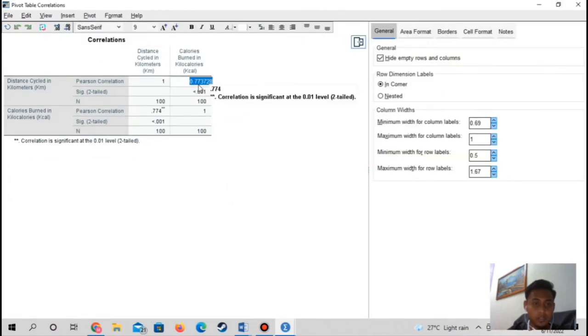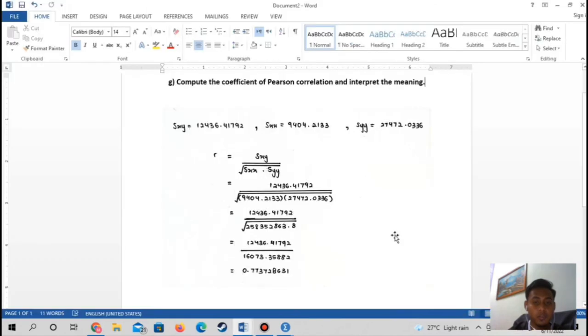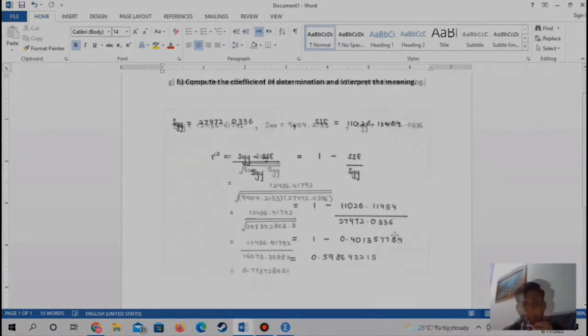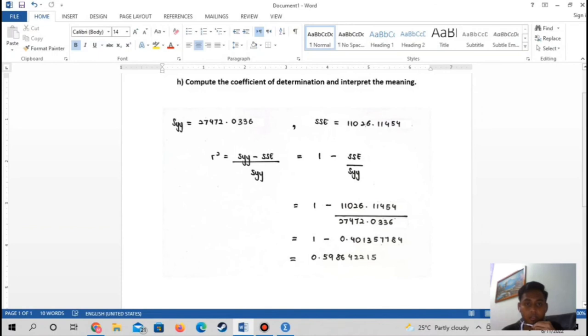So this is our SPSS calculation answer, which is 0.773728 for Pearson correlation. Basically, our manual calculation and SPSS answer are almost the same, so that means it was proven right.